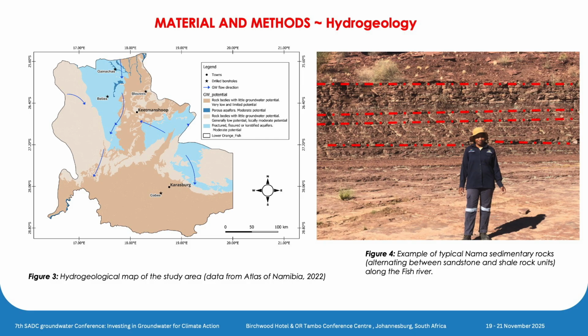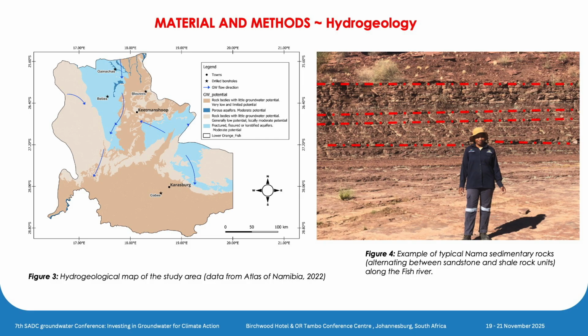On the picture on the left, it just shows the evolution of the geology of Namibia, whereby the Nama is formed as a result of a collision between the Congo and Kalahari.